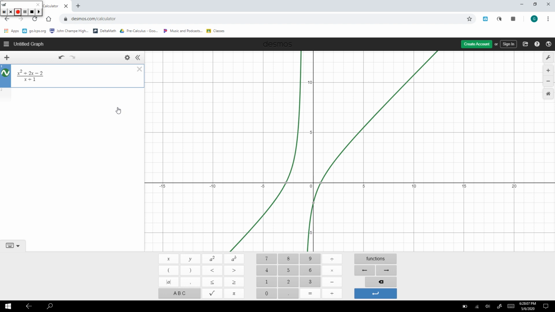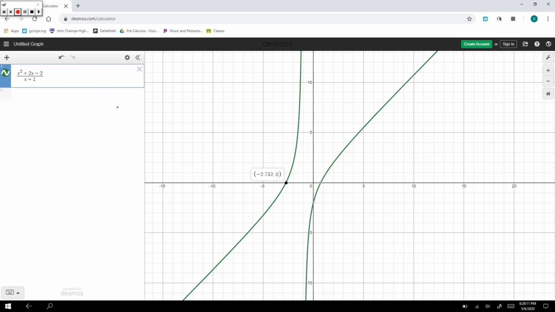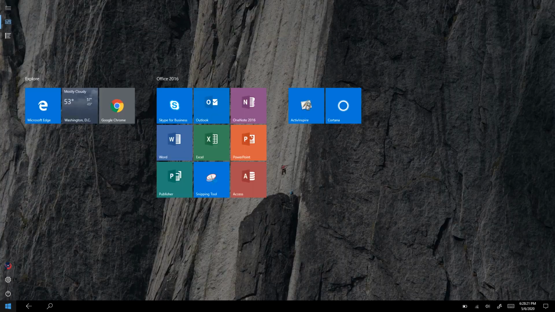Okay. So my x-intercepts are here and here. So -2.73 and 0.73. My y-intercept is 0, -2. So let's go back and fill in all that information.